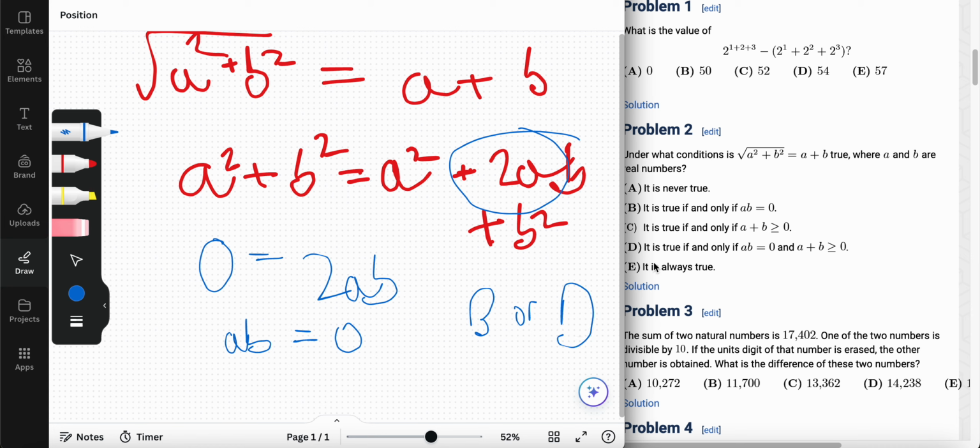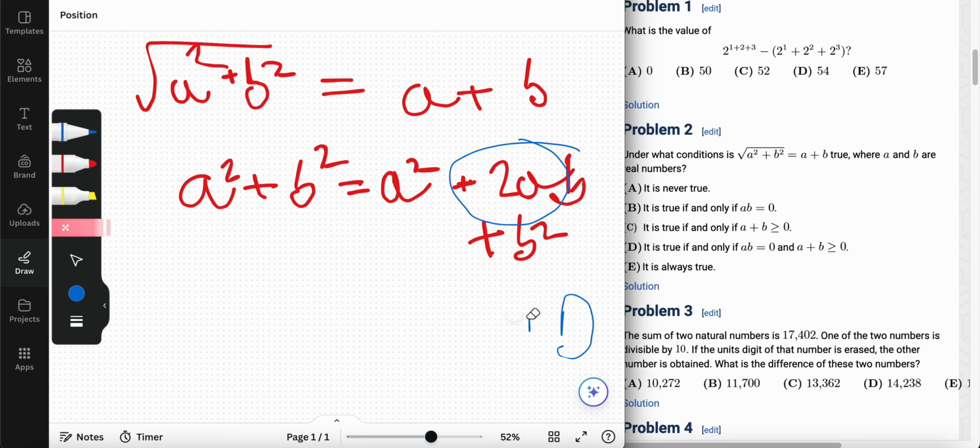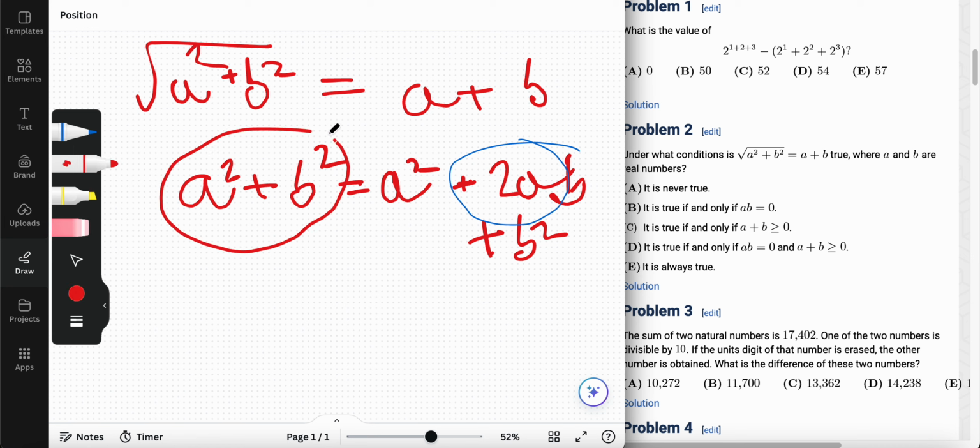It says, okay, so d says it's true if and only if ab is equal to 0 and a plus b is greater than or equal to 0. Okay, so the square root always has to be positive.